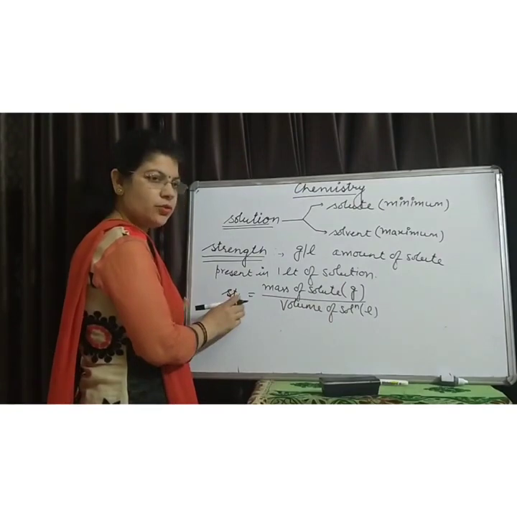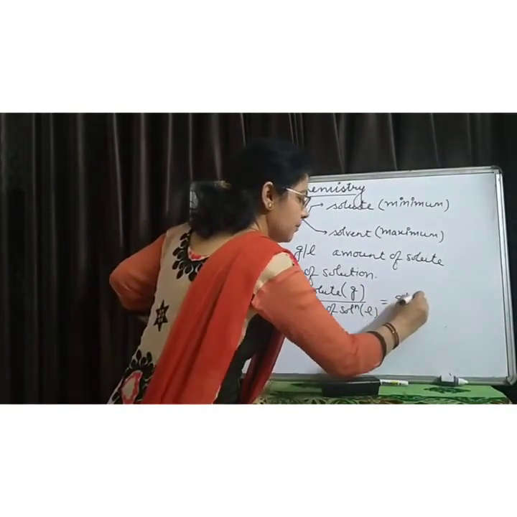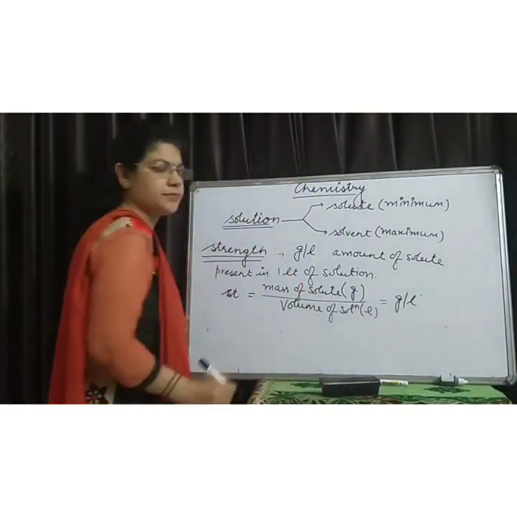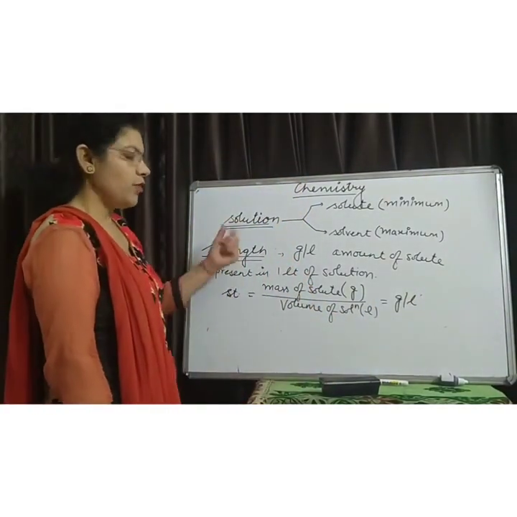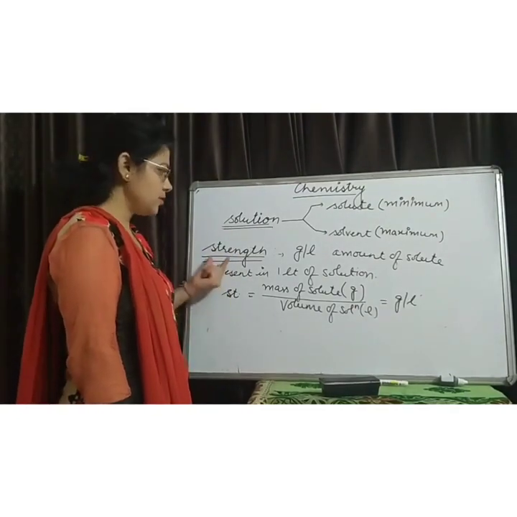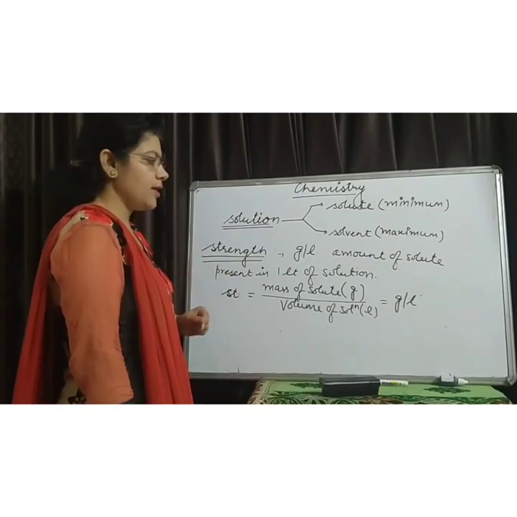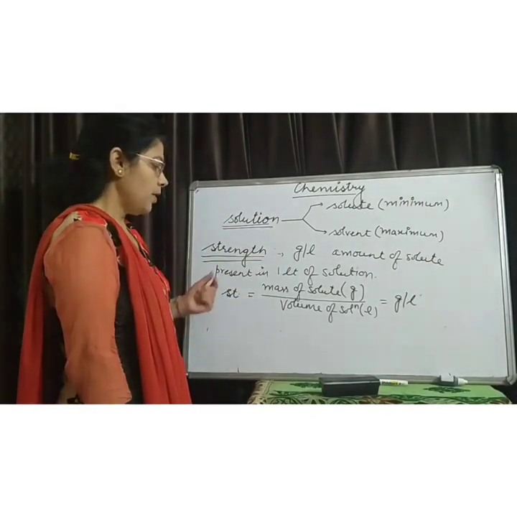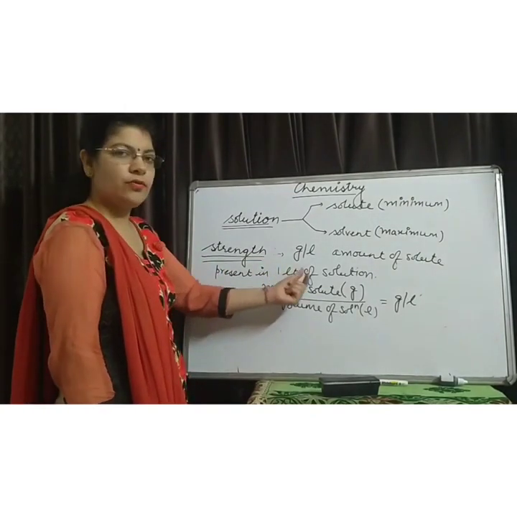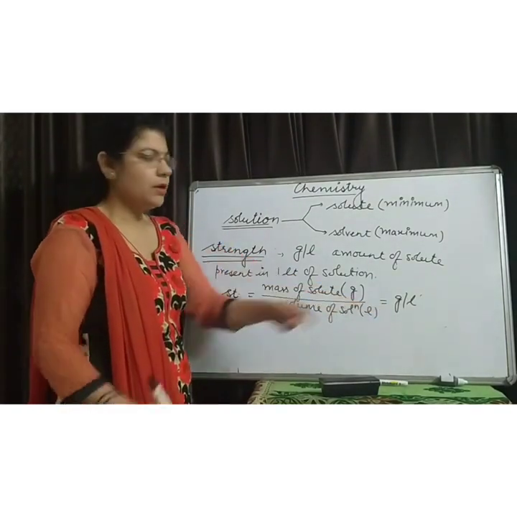So, SI unit of the strength is gram per liter. The first unit to measure the concentration of the solution is strength, defined as the amount of solute present in 1 liter of the solution, and its SI unit is gram per liter.